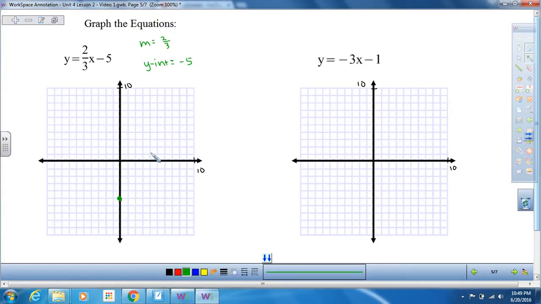Then from here, we use our slope. So it's +2/3, so that means up 2 and right 3. Remember, it's rise over run. Okay, up 2, right 3. You can go the opposite and down 2 and left 3. And then connect these with a nice straight line all the way through your graph. Arrows at the end.